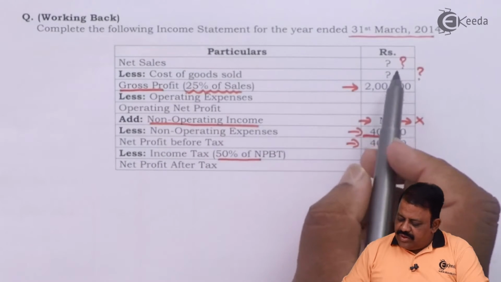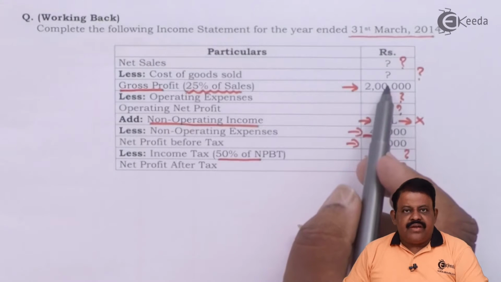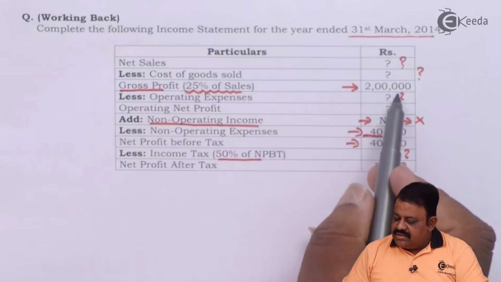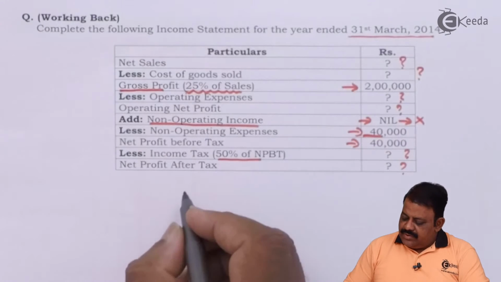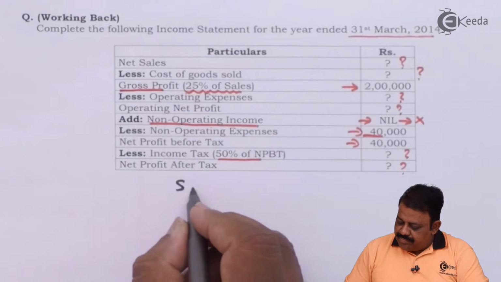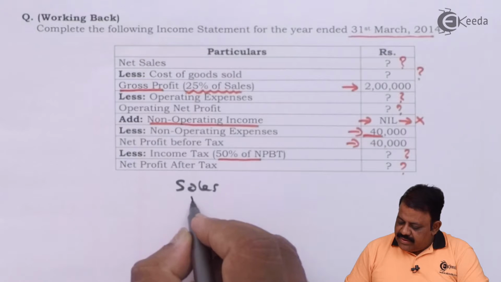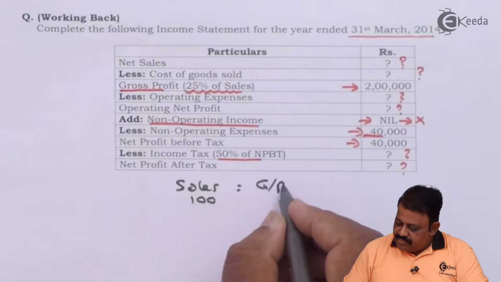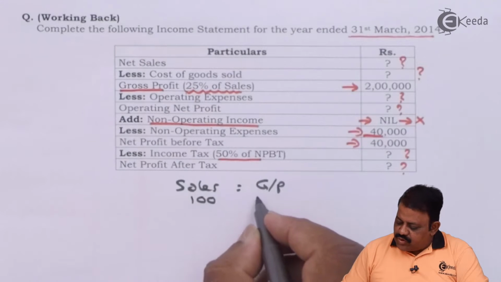Net sales, we don't have the information. Cost of goods sold, we don't have information. But gross profit, it is said 25% on sales, that is 2 lakhs. It means if sales is 100, gross profit is 25.